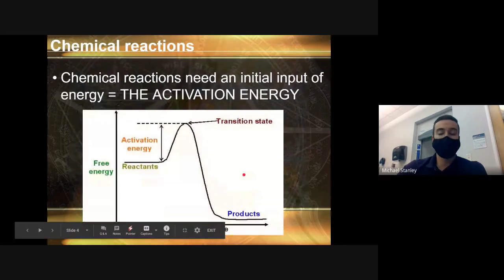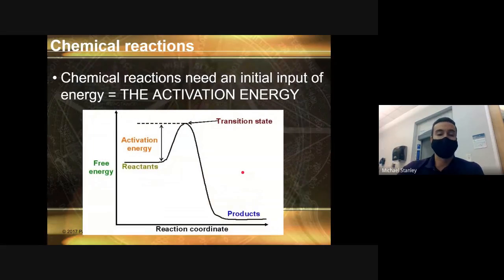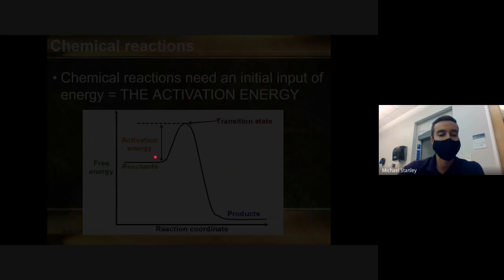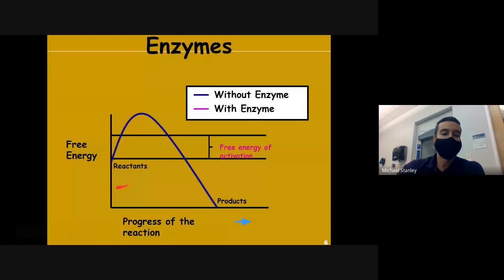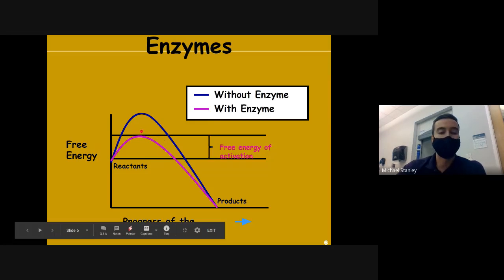So the way that enzymes make all this stuff happen is they lower the activation energy. Essentially that just means you need less energy to get the chemical reaction started. Whereas before, you might need this amount of energy in order to get things going, with the enzyme, you only need a little bit of that. You only need a fraction of that original energy.